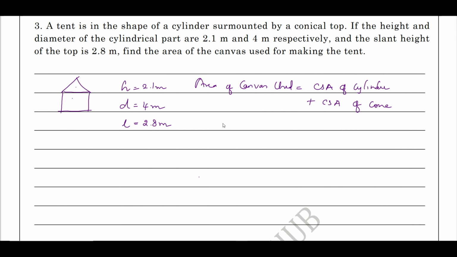Now what is CSA of cylinder? CSA of cylinder is 2 pi r h.